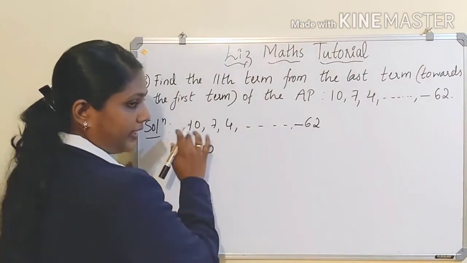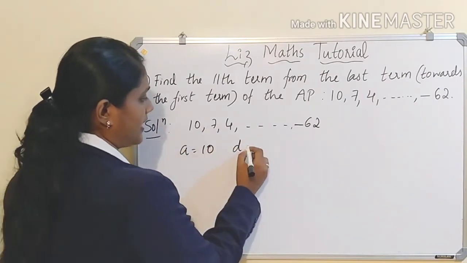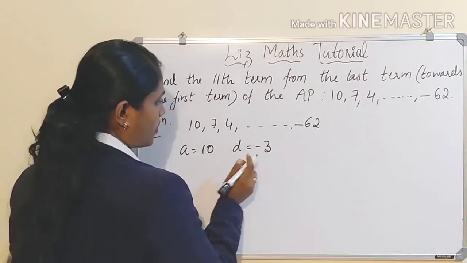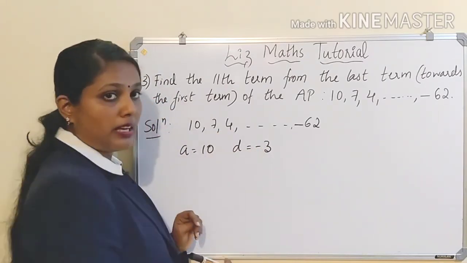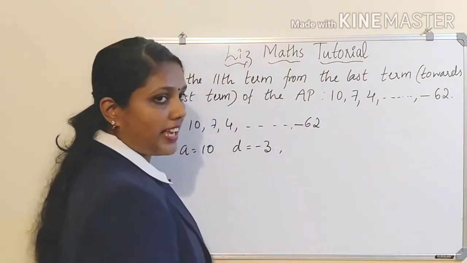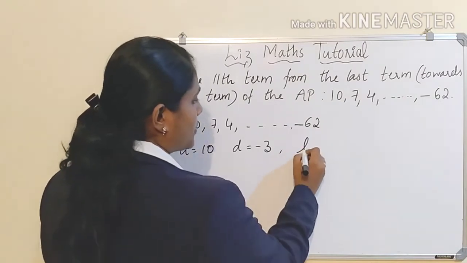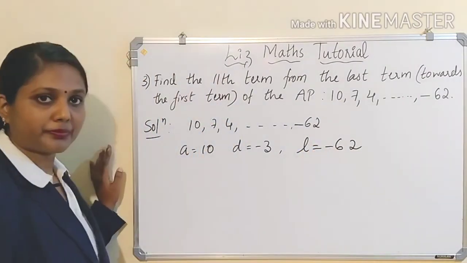Now go for finding the difference d. d is nothing but 7 minus 10, that gives you minus 3, and 4 minus 7, that also gives you minus 3. So d is minus 3, and the last term they have given, I've told you, l is equal to minus 62.